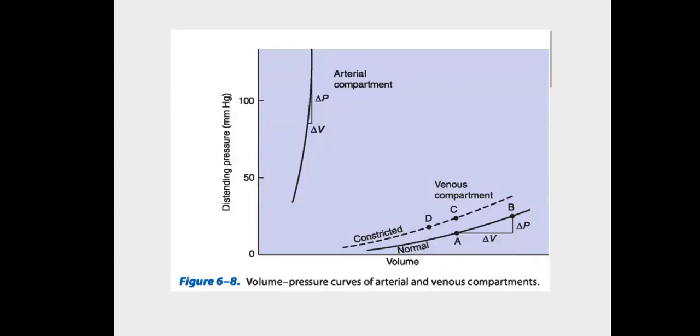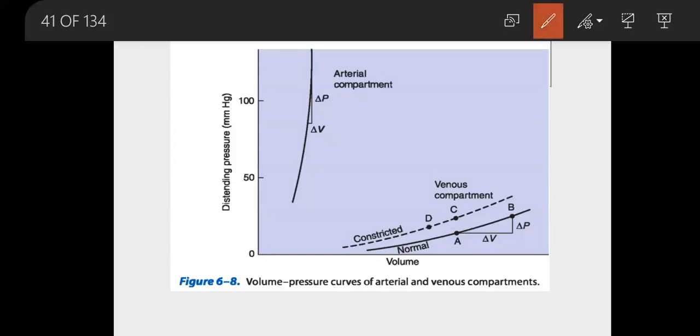So you can look here, the distending pressure from 0 to 100 and the volume of the blood. So in the arterial compartment, a change in the pressure will slightly affect the change in the volume.